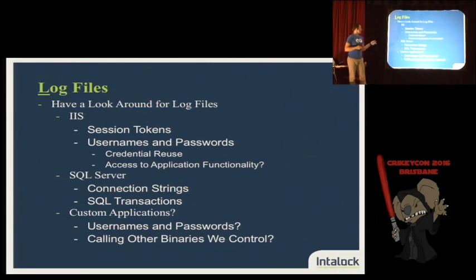Any kind of custom application that will log everything is definitely a valid vector for password reuse, or even if it calls another binary, you can go down the file permissions enumeration path and say, okay, I know that when I click this button on this web page, it invokes this binary to do some widget in the background. Do I control that widget, and can I run as the IIS user, or maybe even as SYSTEM?